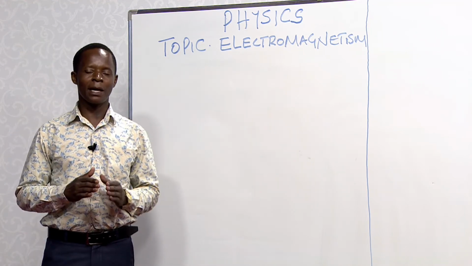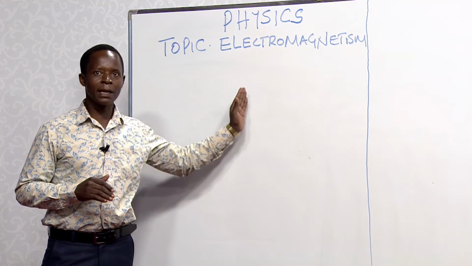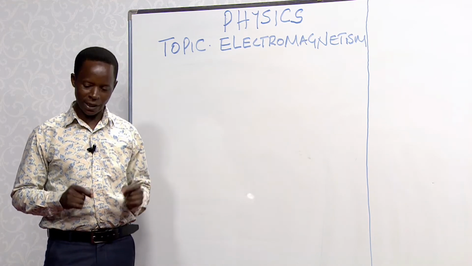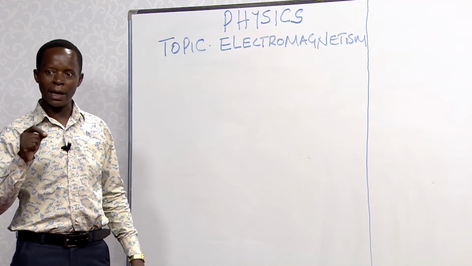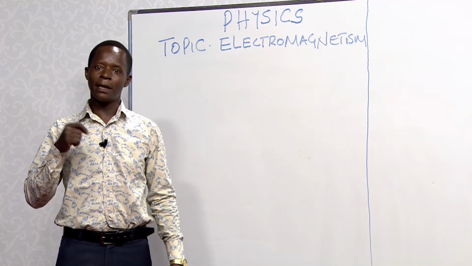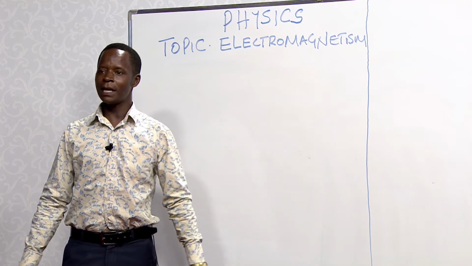So what do I mean here? That when an electric current flows in a conductor, for example, then around that conductor there is a magnetic field.